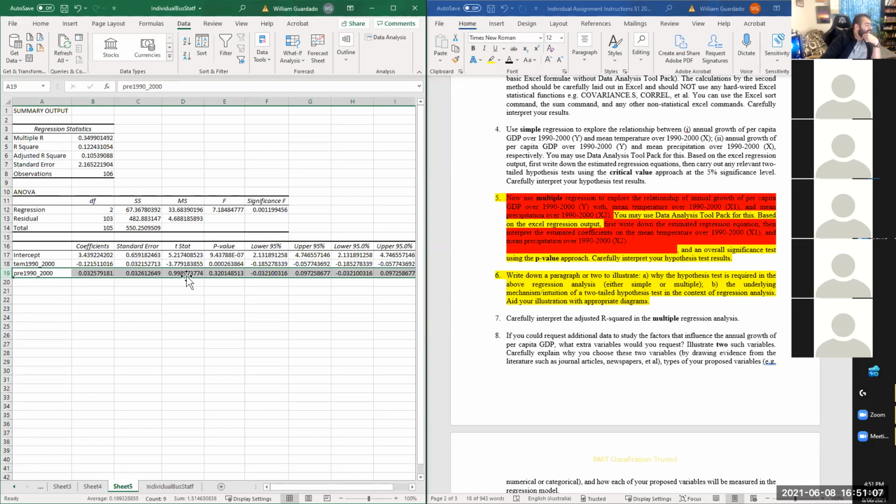So you're looking at your t-stat as well. So you can obviously see that this one has an effect because it's less than around negative 1.98 and greater than 1.98, where this one does not fall in the rejection region.